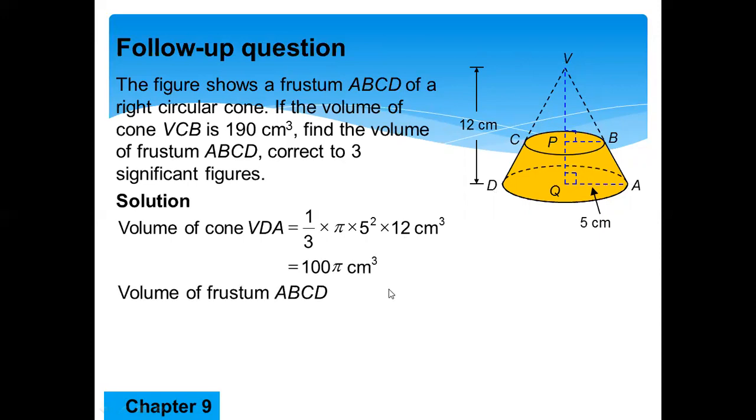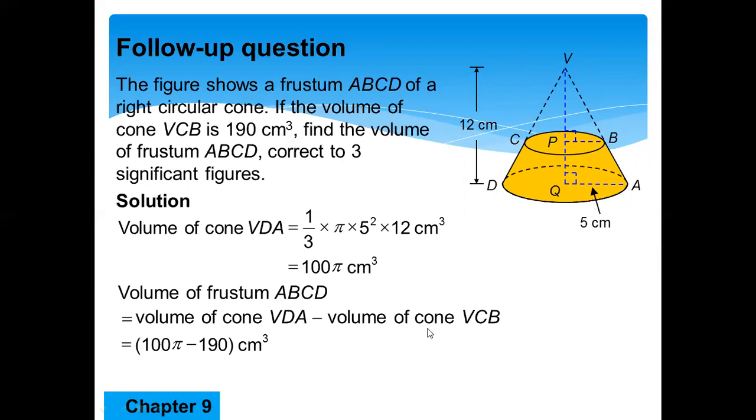And hence, the volume of this frustum is the difference of these two cones, the larger one minus the smaller. Finally, give your answer correct to 3 significant figures.